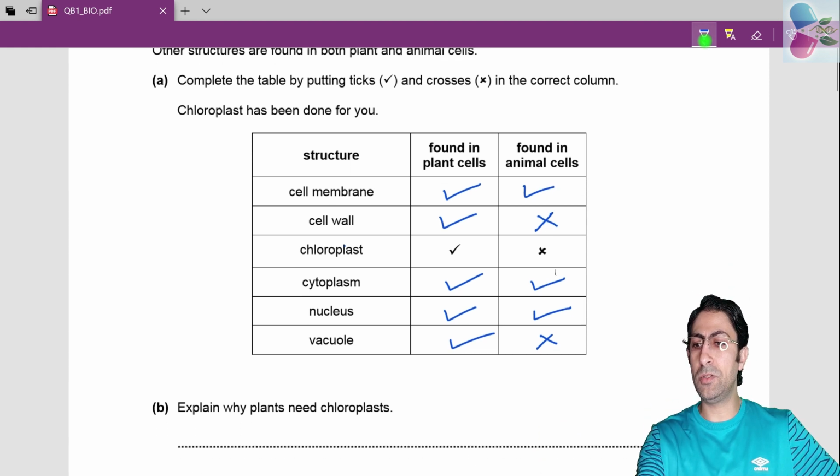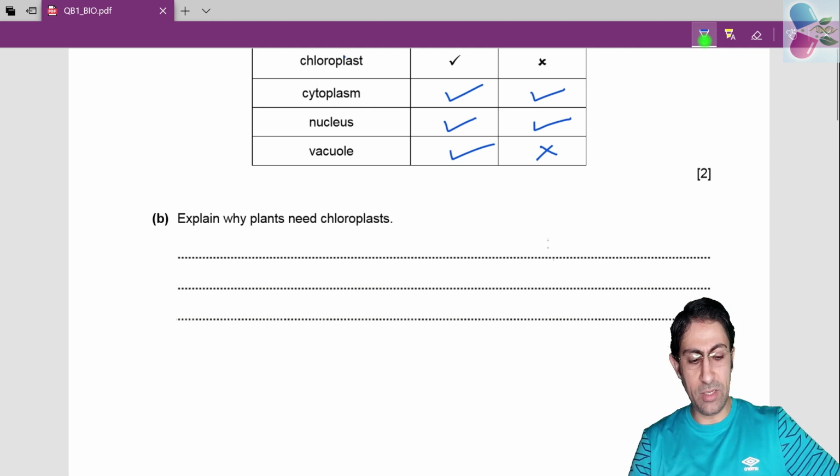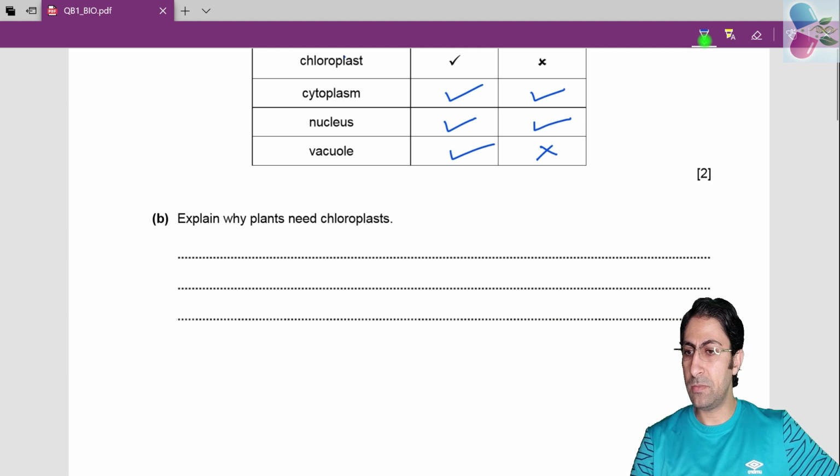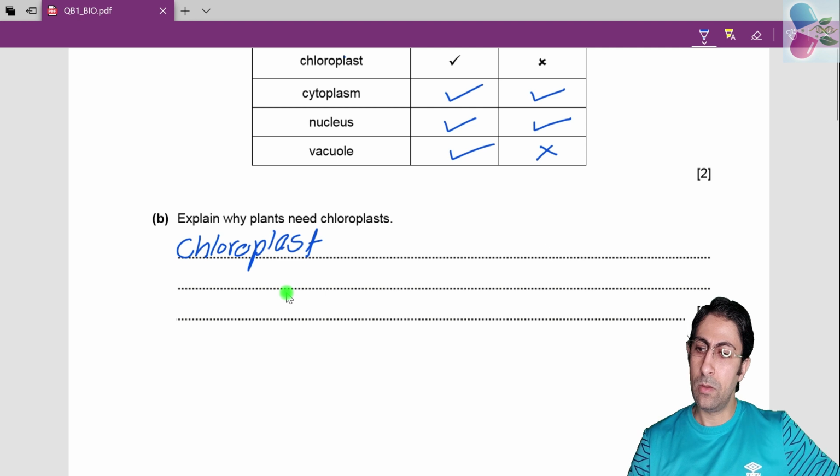If we go for question number 2, it says explain why plants need chloroplast. What shall you say here? Of course, chloroplasts contain the chlorophyll pigment, which is very essential for the production of food.